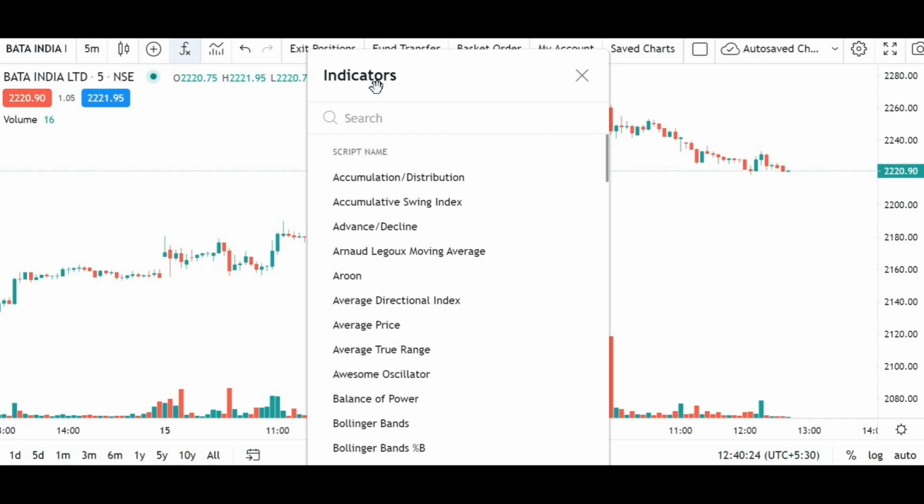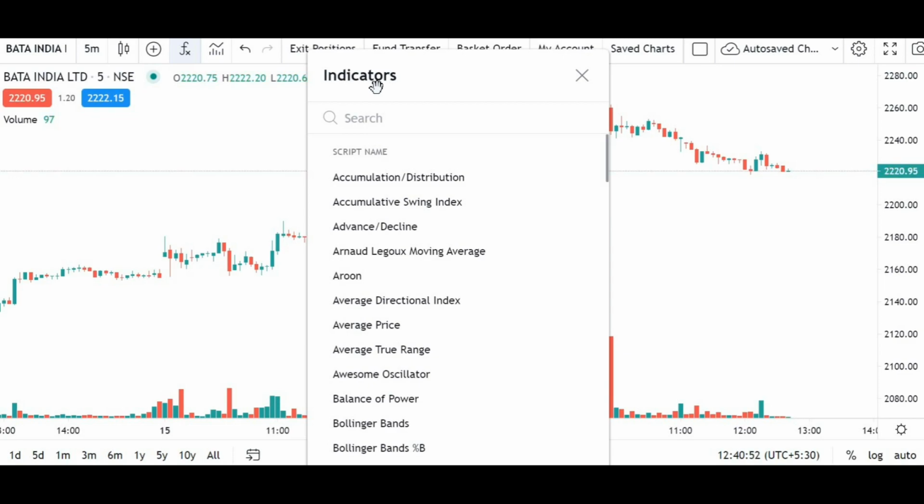So what are indicators really? Indicators are a set of tools applied to a trading chart that help make the market more clear. Of course, they will show you the market's visibility clearly. For example, they can confirm if the market is trending or if the market is ranging.